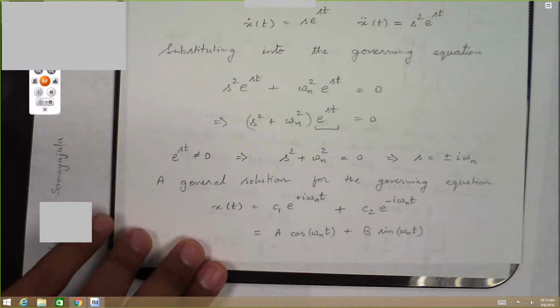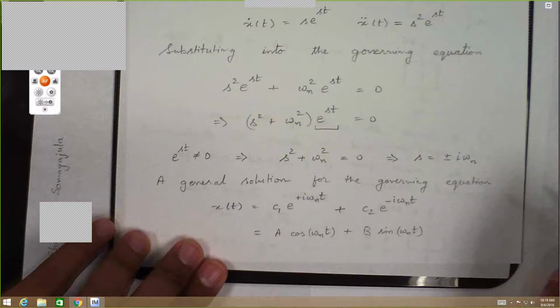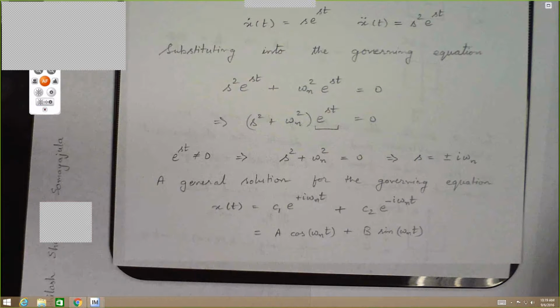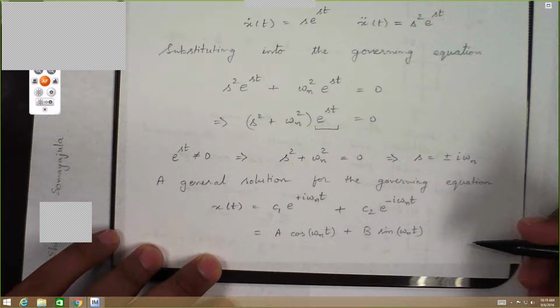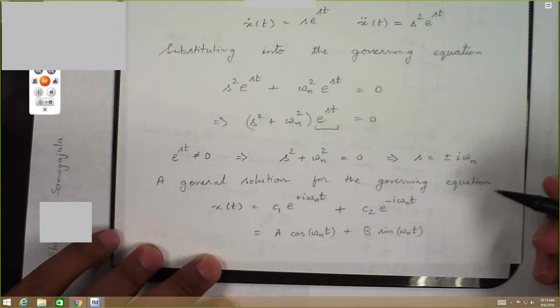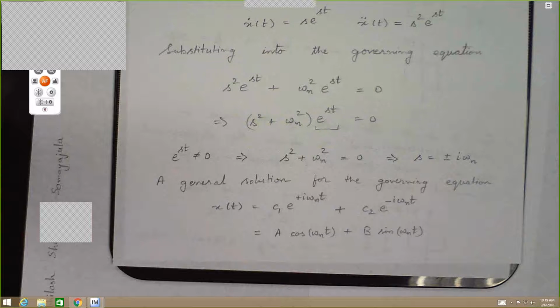And it is easy to show that these two forms are exactly the same, so one can be derived from the other. Although we're not going to do that here, I'll leave it as an exercise in case you want to give it a try yourself.